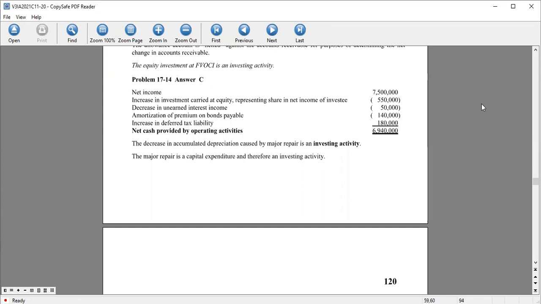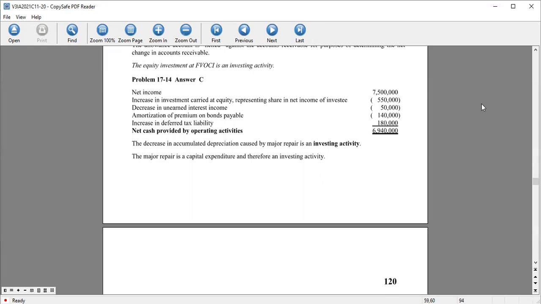Again, we deduct, the fact that this is a decrease in current liability. And the amortization of premium on bonds payable, again, we have to deduct, a premium on bonds payable actually decreased by 140,000, meaning we have to deduct because it's a decrease, and increase in deferred tax liabilities.